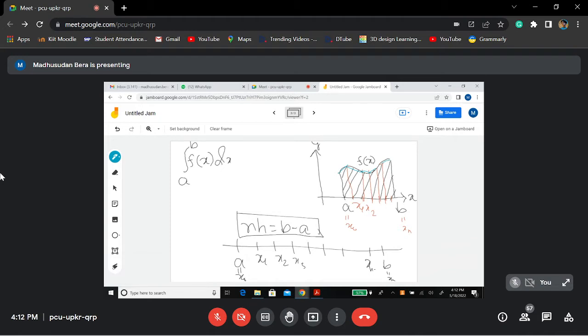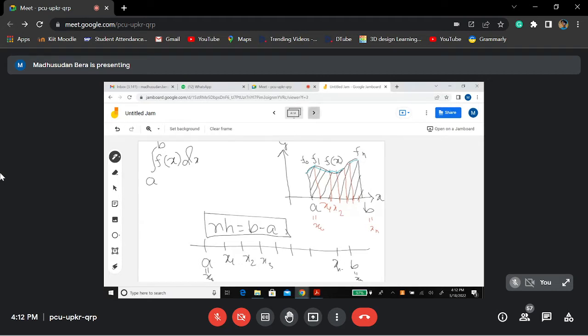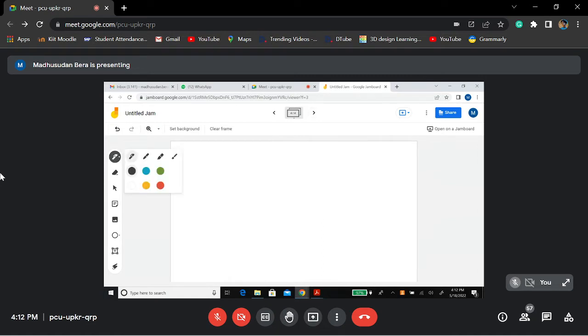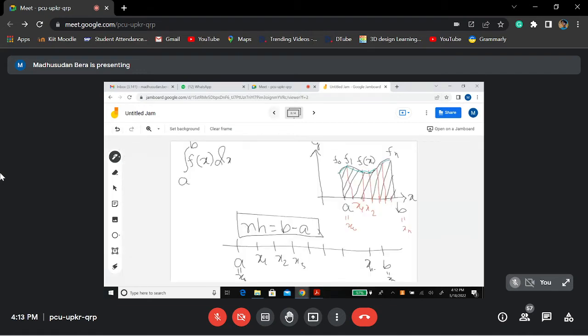Integration A to x1 is a trapezium. Suppose the functional values at x0, x1 are f0, f1, which we will get from the values, up to fn. Then A to x1 means x0 to x1, the integral of f x dx.